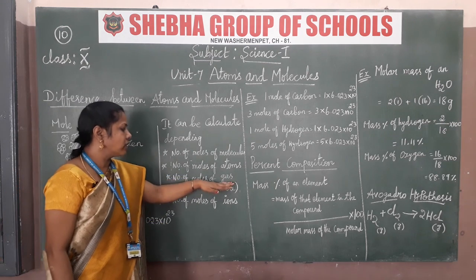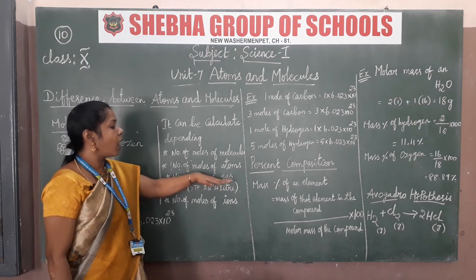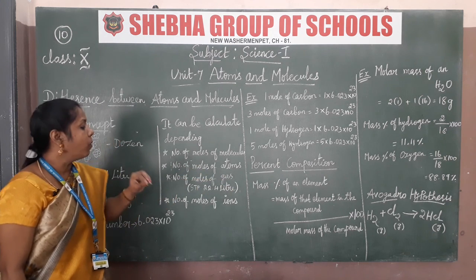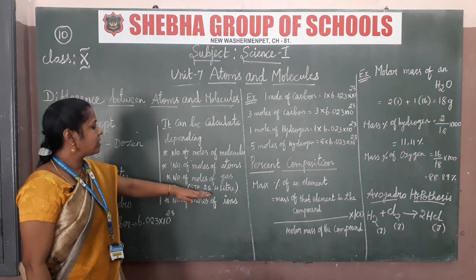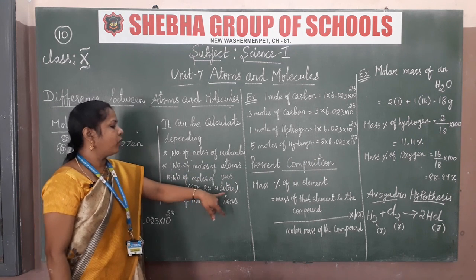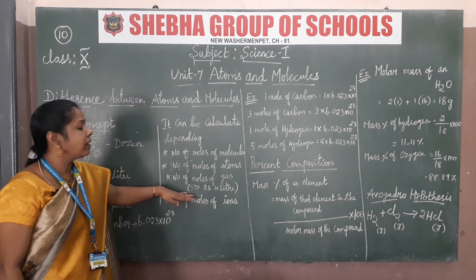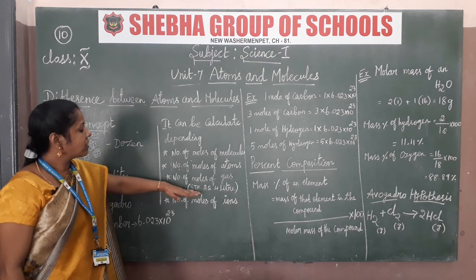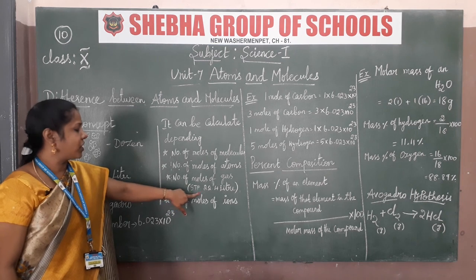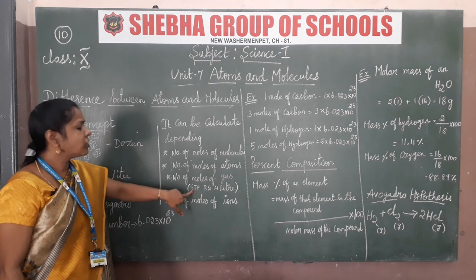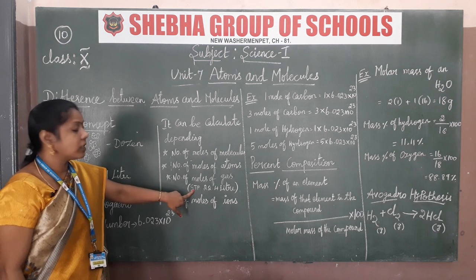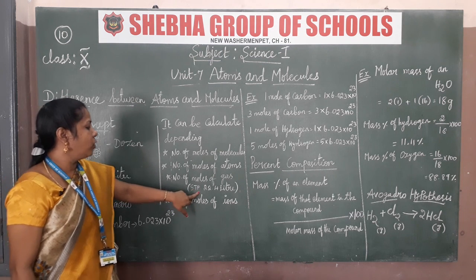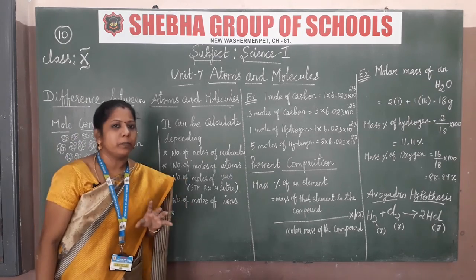And this gas, what is the meaning of the gases? How can we calculate with the mole concept? That is the gaseous category, that is STP 22.4 liter. What is that? STP means standard temperature and pressure. For the STP, the temperature is 273 Kelvin, and the pressure is 1 atmospheric pressure.